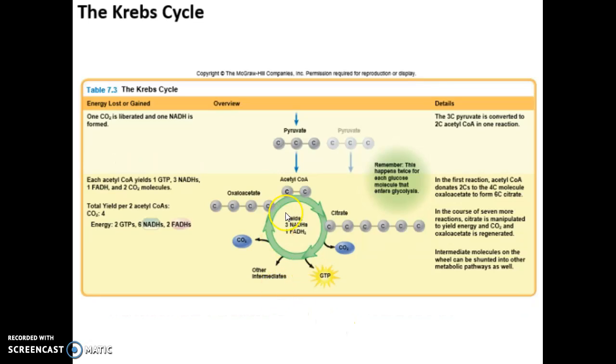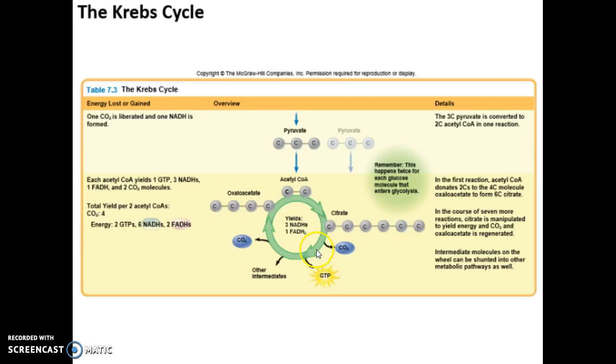Then the Krebs cycle is a circular series of reactions where acetyl-CoA comes in. It is acted upon by different enzymes. CO2 is released. GTP is released, and GTP can actually be used as a form of energy similar to ATP, but it's not at high concentrations, and it's not quite as readily used as ATP is.